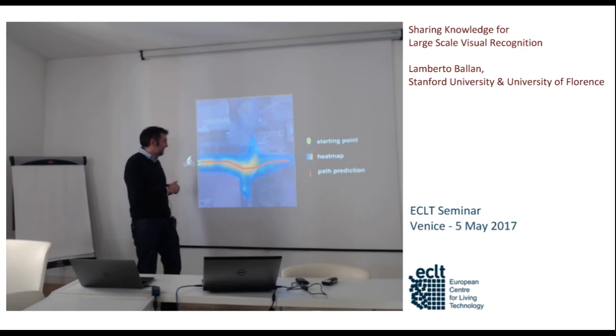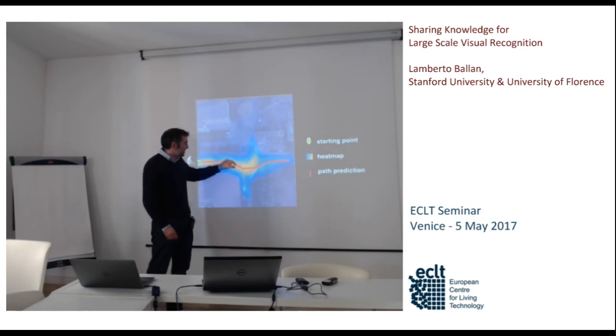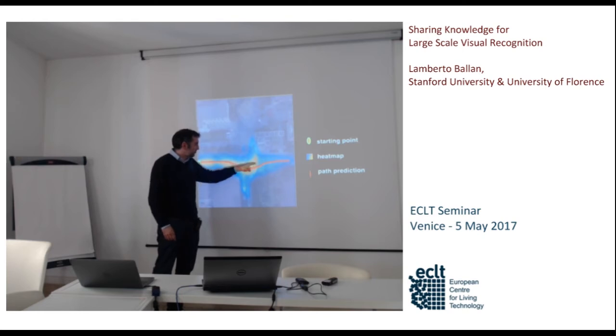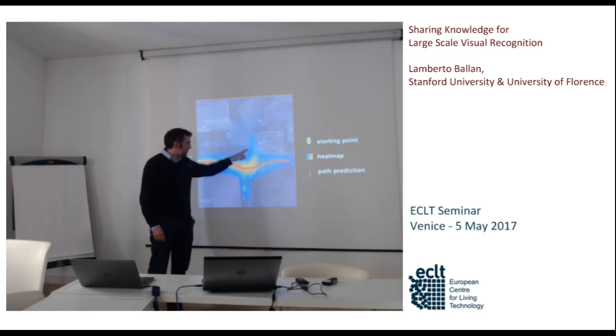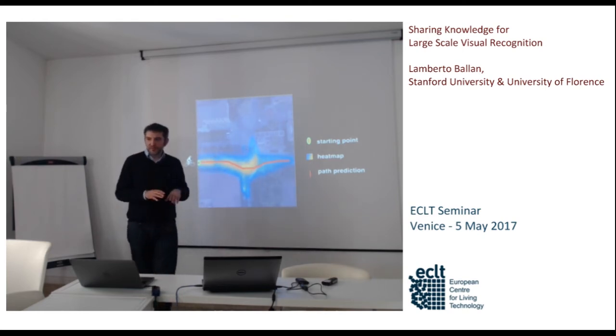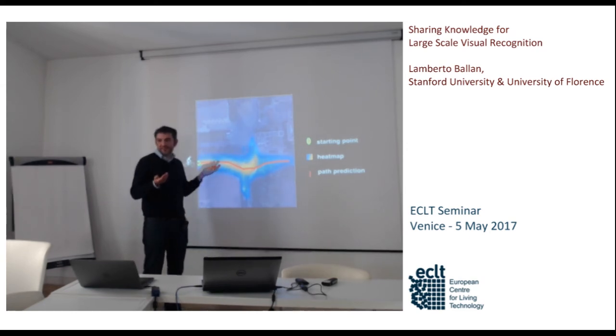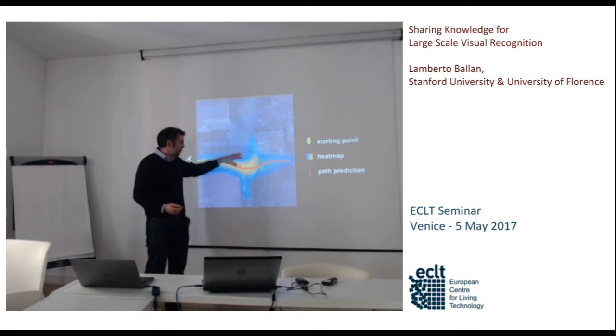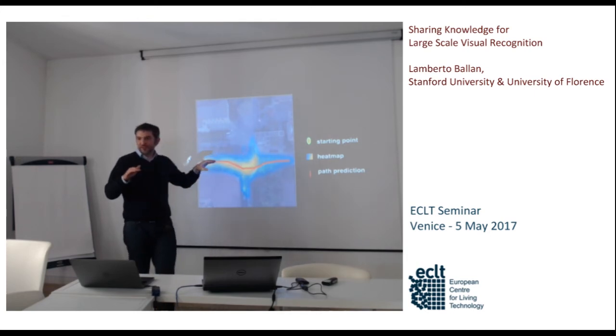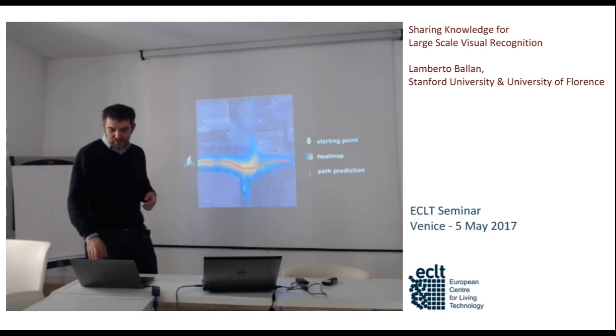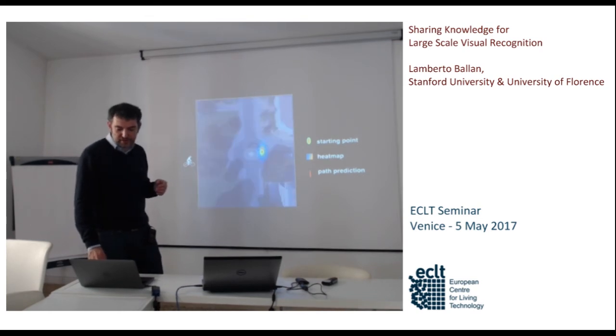For example, here the model picked this particular path, but as you can see, you have two more likely scenarios. From the application point of view, it's probably more useful to have the prediction of the full map, because it means that you have more knowledge.